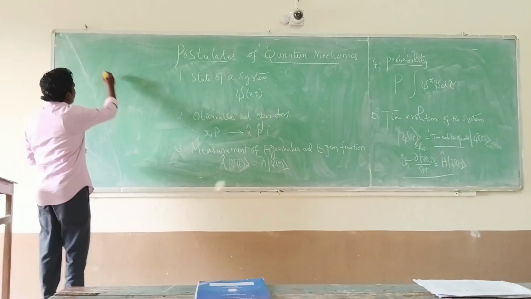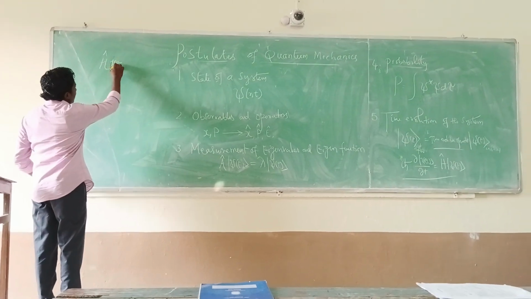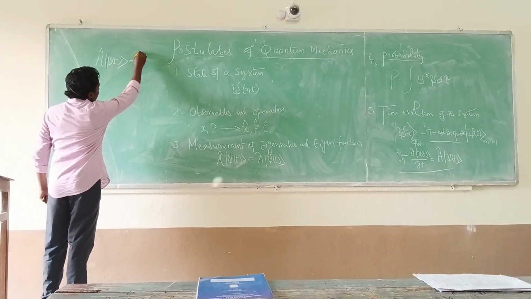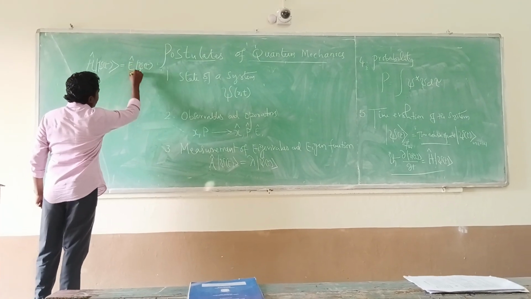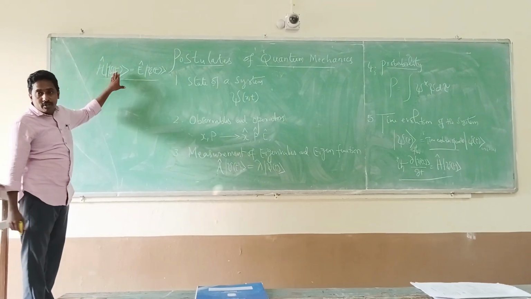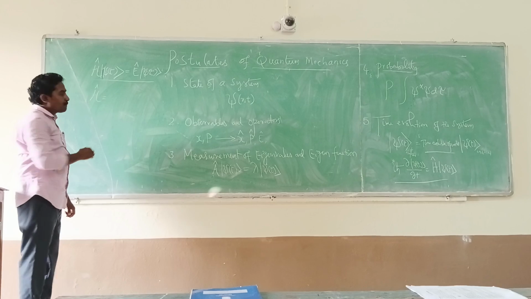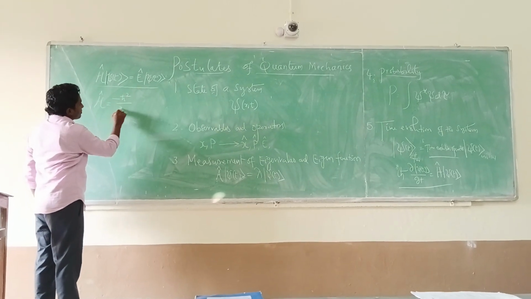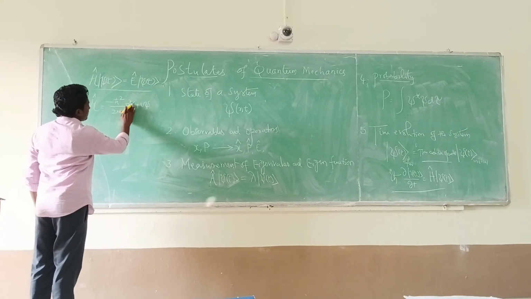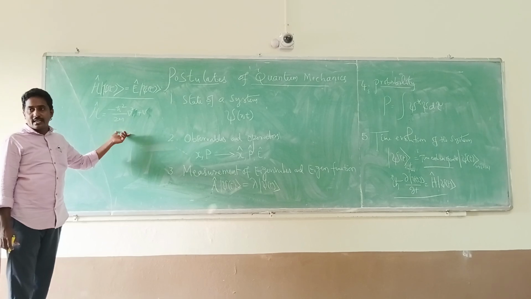So the Schrodinger time independent equation is: the Hamiltonian operator H acting on ψ gives an energy eigenvalue with the same state vector. This is known as the eigenvalue equation. Here the Hamiltonian operator H is expressed as minus ħ squared by 2m times the Laplacian plus V, the sum of the kinetic and potential energy.